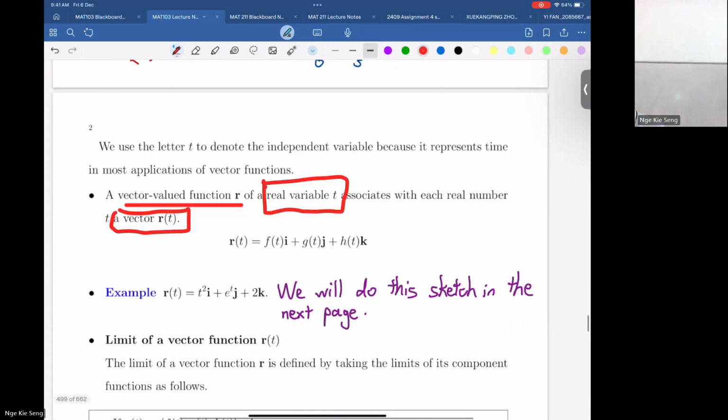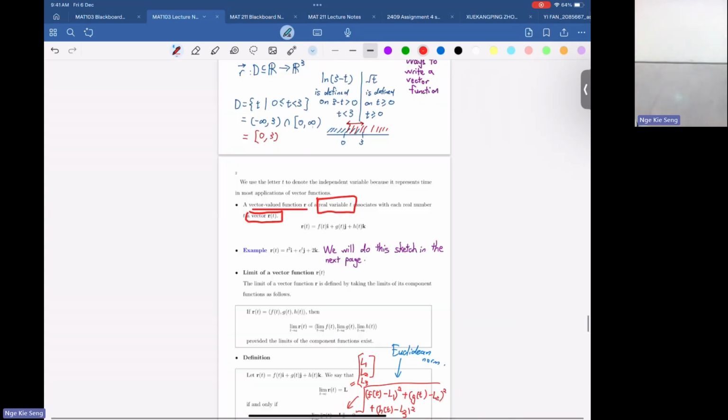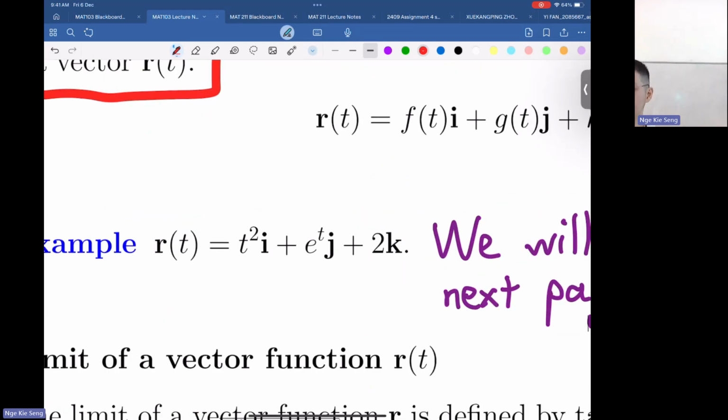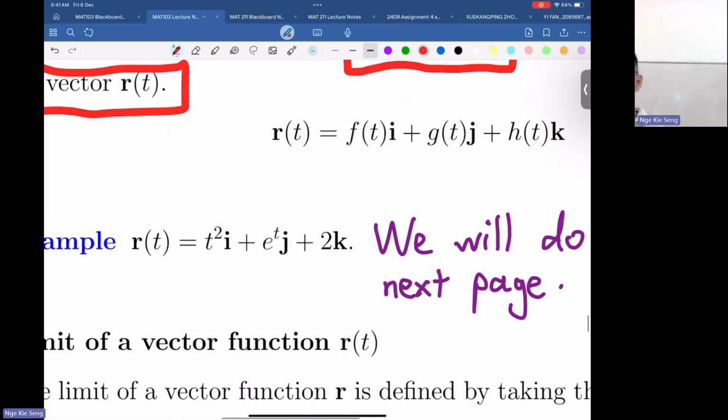Okay, right. So I said that I will sketch one of the examples. So let's try and sketch this example. You can try and sketch the previous example, but we will sketch this example. So in the x coordinate, how does x move? Like a quadratic function.